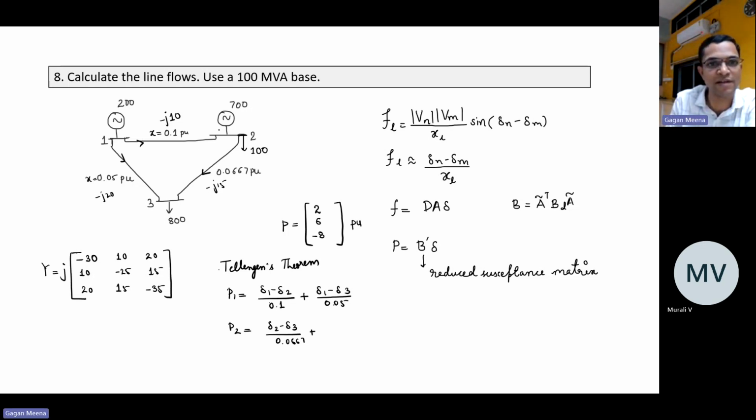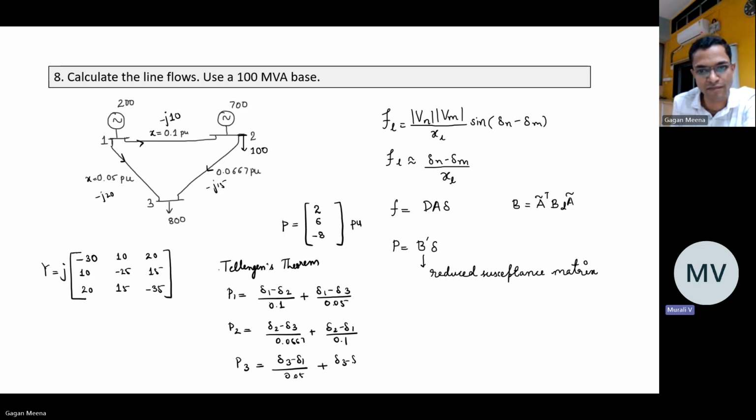This is incoming. You take it negative, or else you can write delta 2 minus delta 1 by 0.1. Both are the same. This is 0.1. And similarly, P3 will be delta 3 minus delta 1 by 0.05, plus delta 3 minus delta 2 by 0.0667.